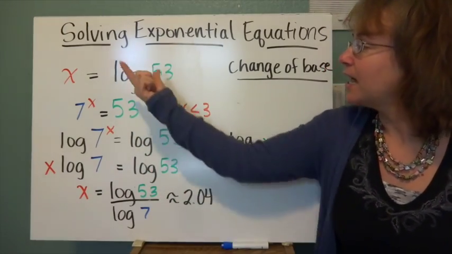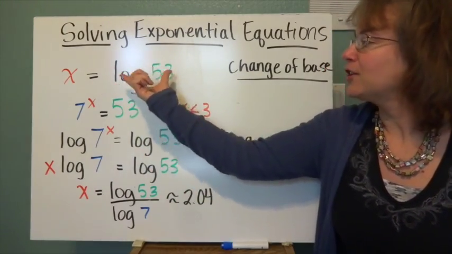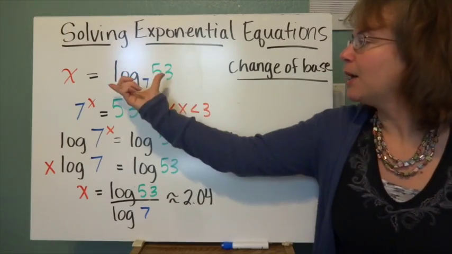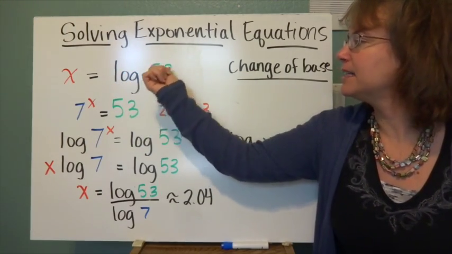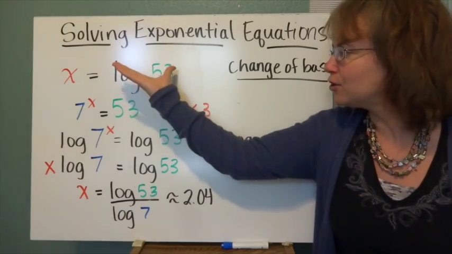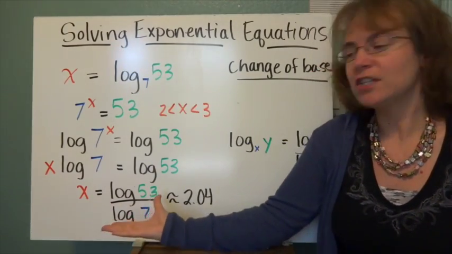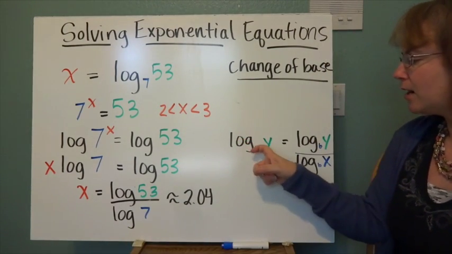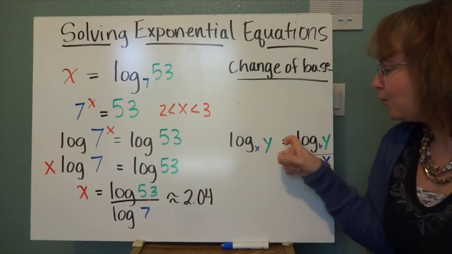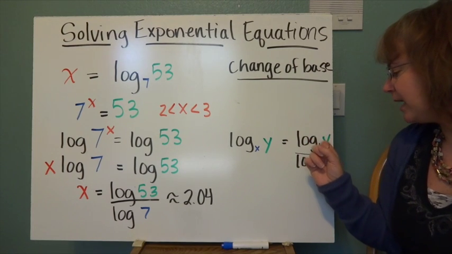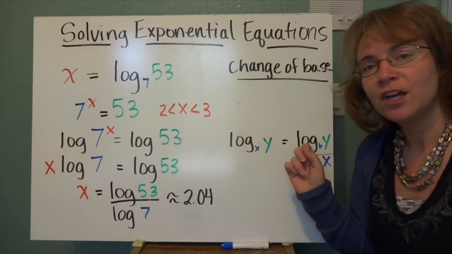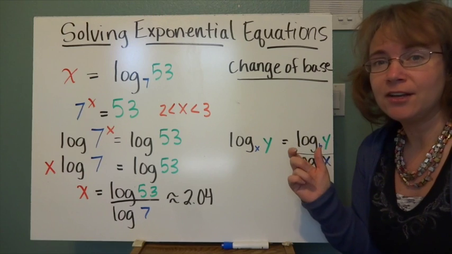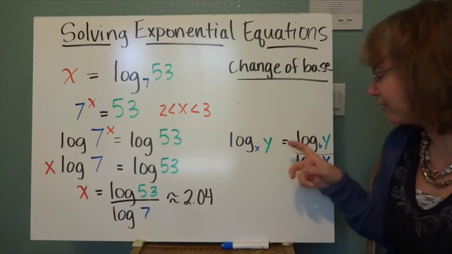Now this works every time. We can actually change the bases here, and we can figure out what log base 7 of 53 is. There's a formula which you can prove in much the same way we did this specific example. So if we have a log base x of y, we can write that as a log to any base we want. We can choose. Of course, we probably choose 10 or e because that's what we can do in our calculator.